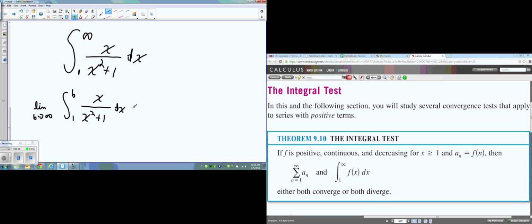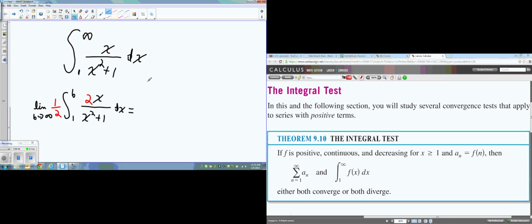All right, so to evaluate this integral, this one looks like a u sub. I would need 2 for the derivative of the denominator, and that would make me have to put a 1/2 in the front here. And then this becomes a u substitution.